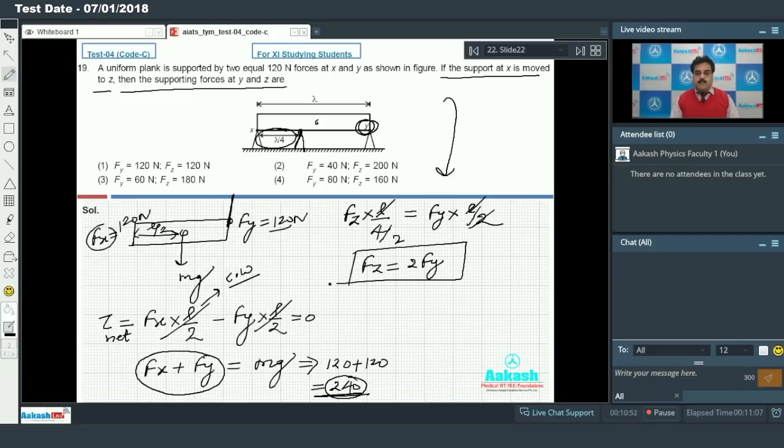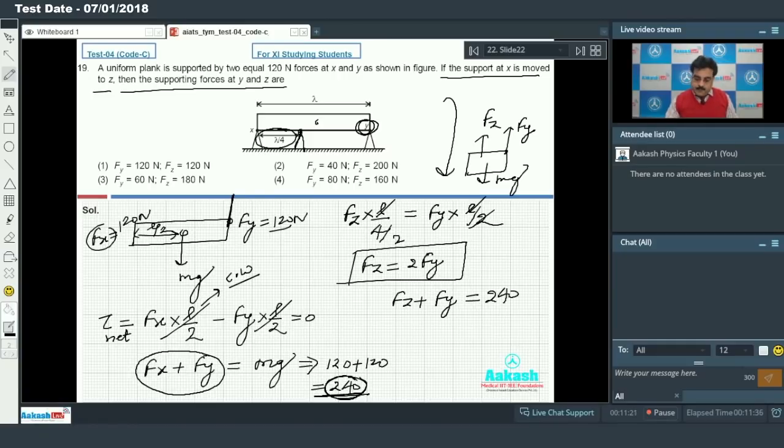But I need to calculate the values of Fz and Fy. By the diagram in the second situation, the two forces Fz and Fy will be equal to mg, because there is no linear motion. So we write Fz plus Fy equals mg, and mg is equal to 240.